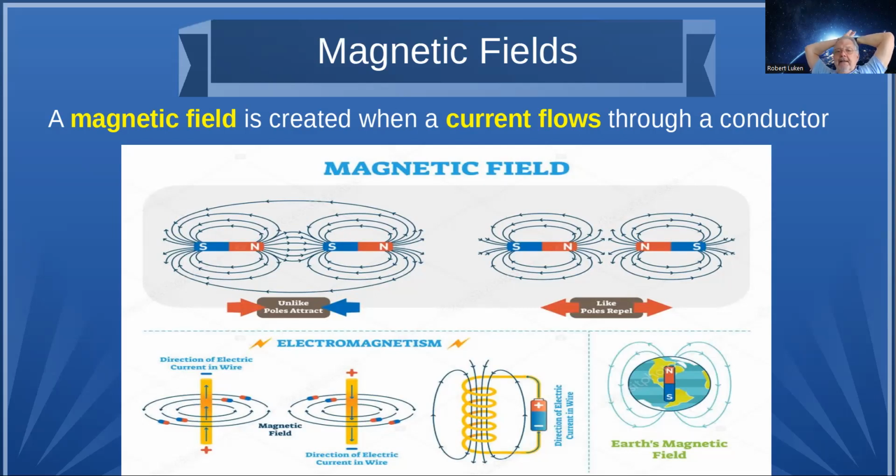That creates a magnetic field orthogonal to the current flow. And it's usually used like the right-hand rule. So if you point your thumb in the direction of current flow, the way your fingers curl is the direction of the magnetic lines of force that are going to be around it.